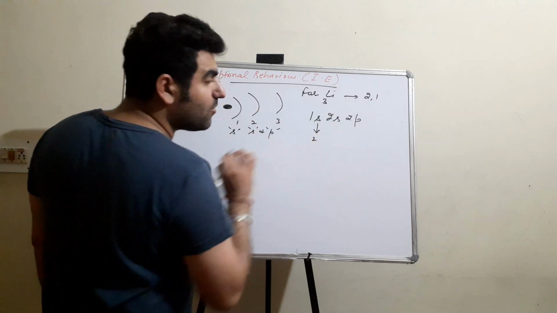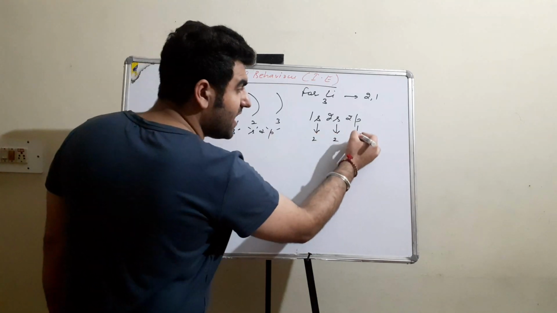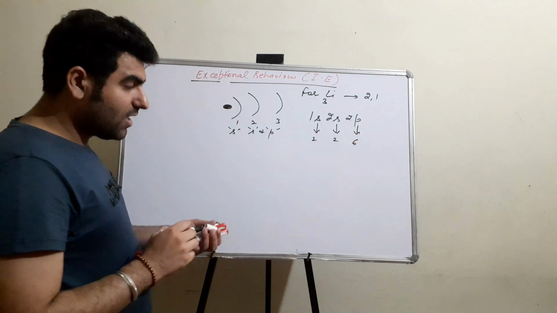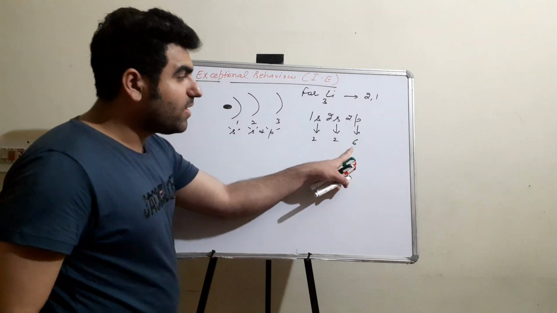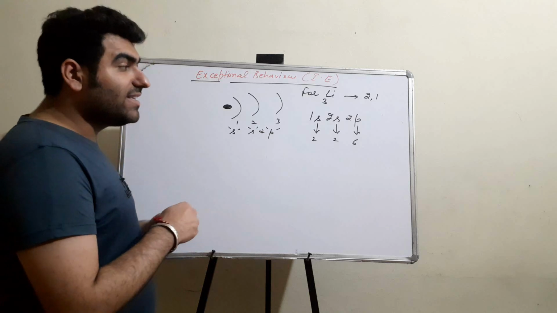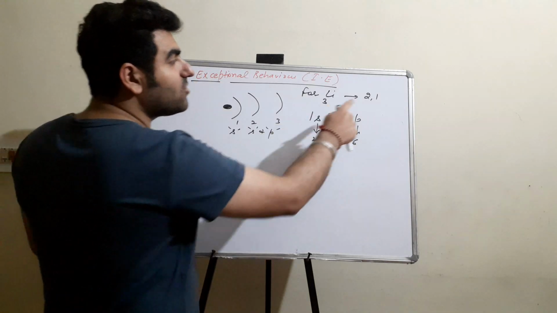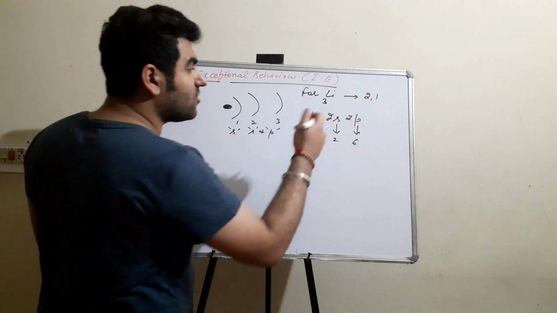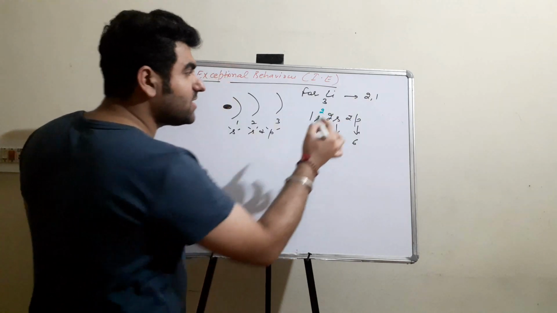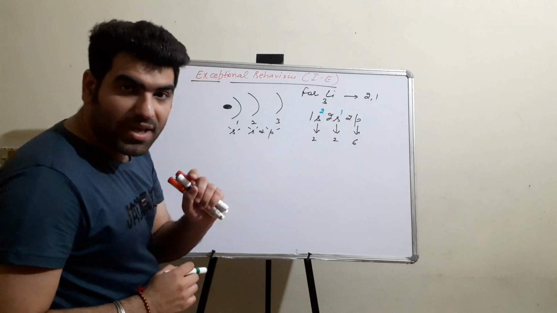s can hold a maximum of 2, and p can hold 6 electrons. So this s can hold 2, this s can hold 2, and p can hold 6. This is the maximum: 2, 2 and 6. If we are writing the electronic configuration with 3 electrons, it is 2 for this and 1 for this, so it is 1s2, 2s1.